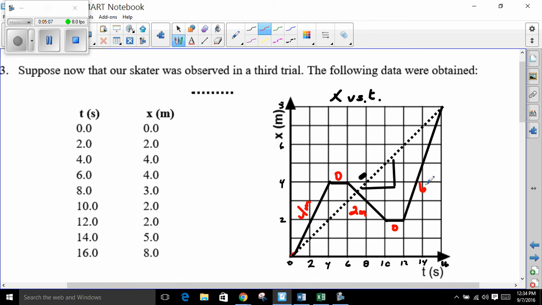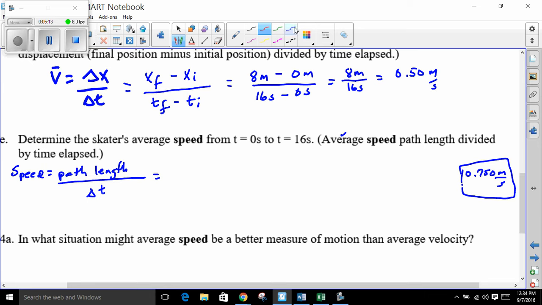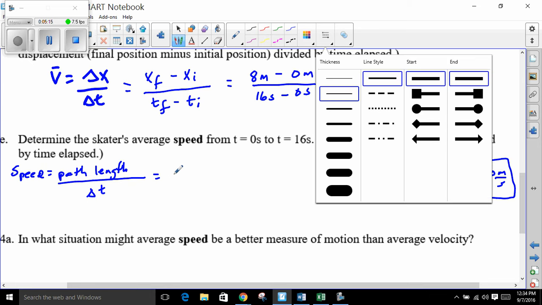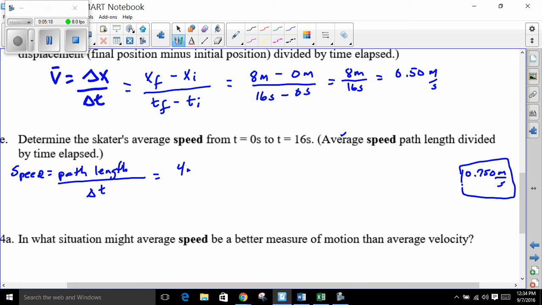So we can do our path length by saying 4 meters plus 0 meters plus 2 meters plus 6 meters divided by 16 minus 0 seconds, and it equals 12 meters divided by 16 seconds, which is equal to 0.750 meters per second.